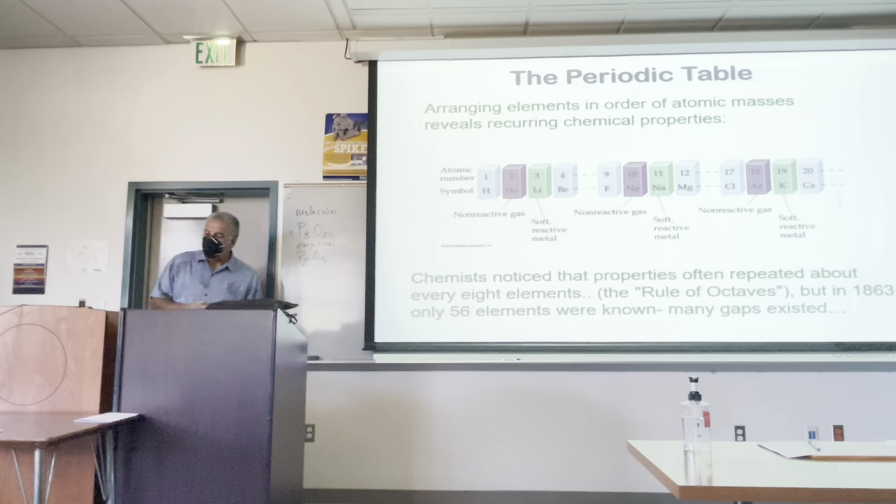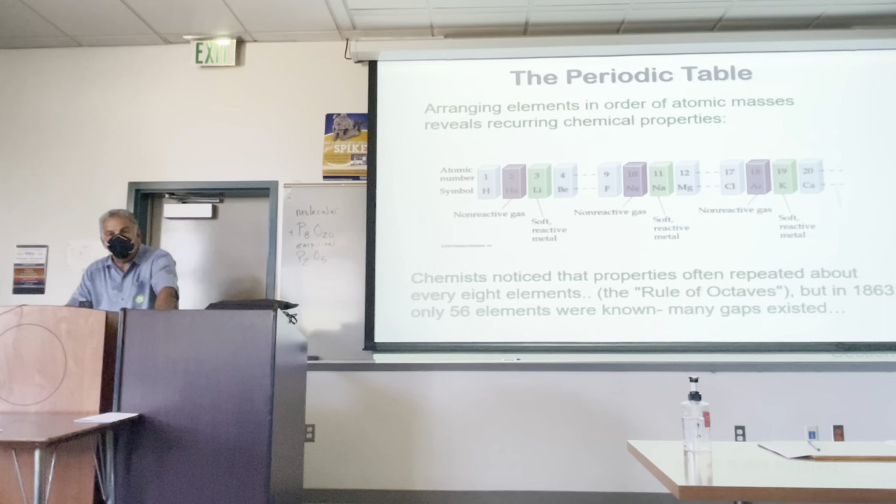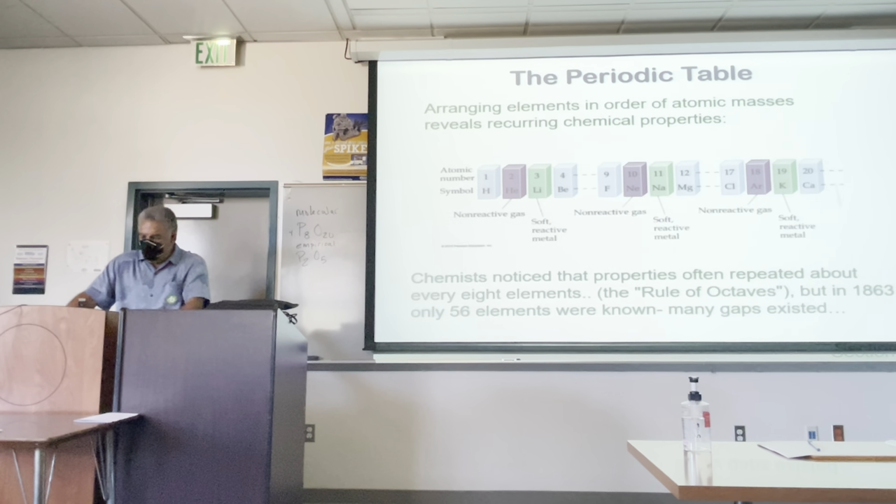Well, we put them together by the number of protons, and we found out there's an order to it, and it's a recurring order, and that's the period, goes across the period. So chemists noticed the properties often repeated about every 8 elements, and that's called the rule of octaves or the octet rule. But in 1863, we only knew 56 elements.